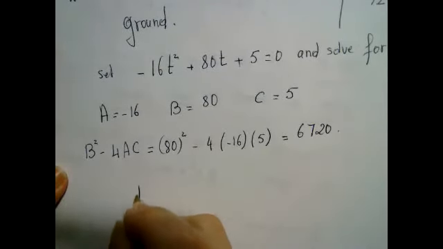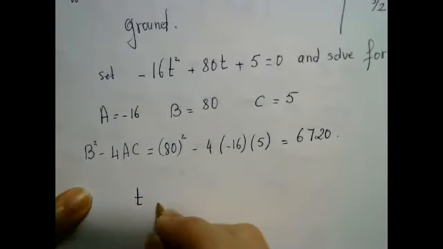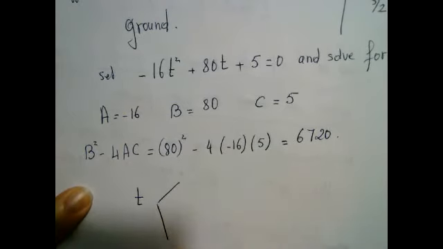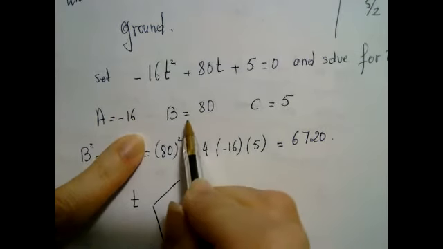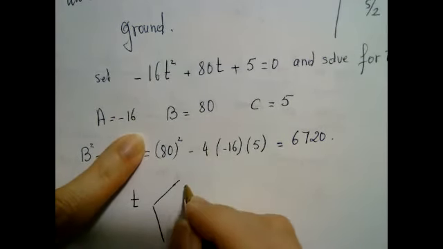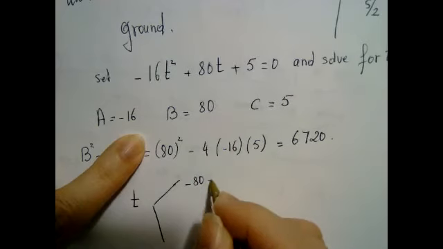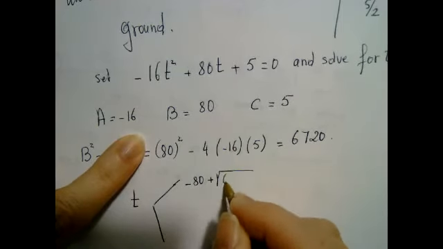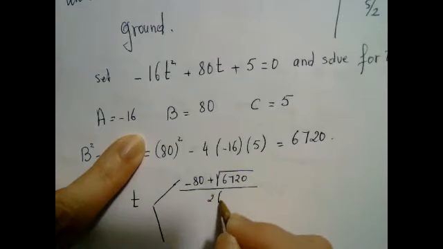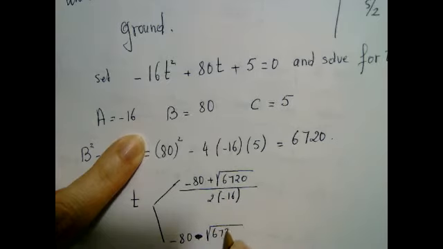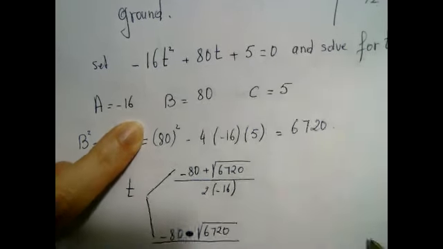Since we are solving for t, we're going to have 2, and then we're going to figure out which one we have. So t equals minus b, minus 80, plus the square root of that over 2a, and minus 80 minus the square root over 2a.